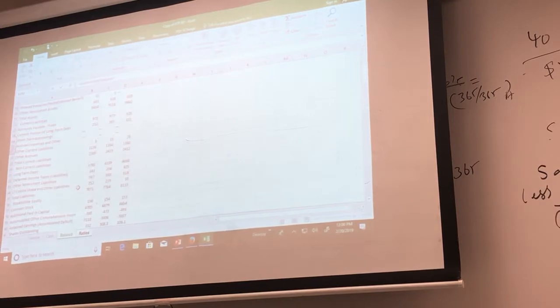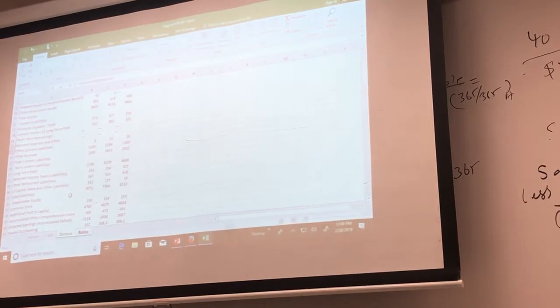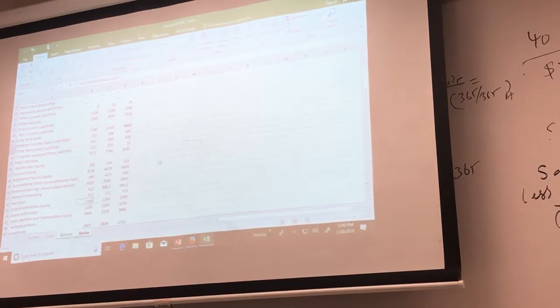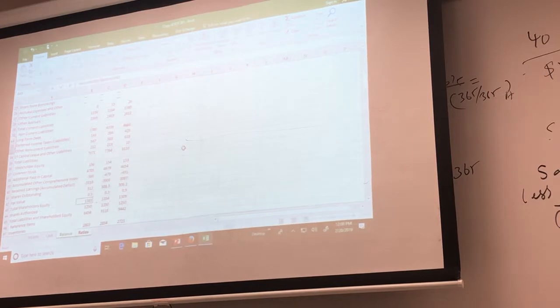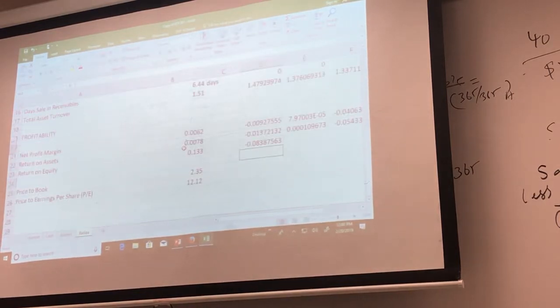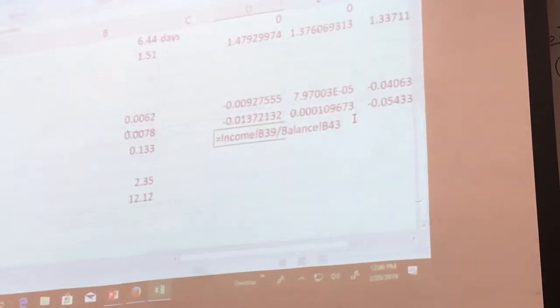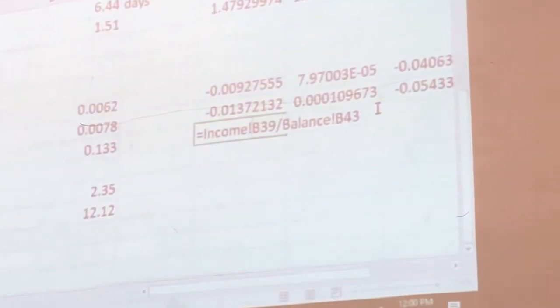Look for owner's equity, stockholders' equity, common stock. This number here, which is 43, B43. And this is the answer. Income statement B39 divided by balance sheet B43.